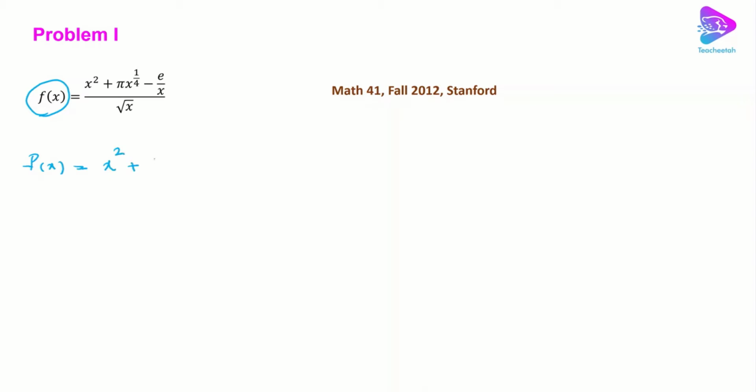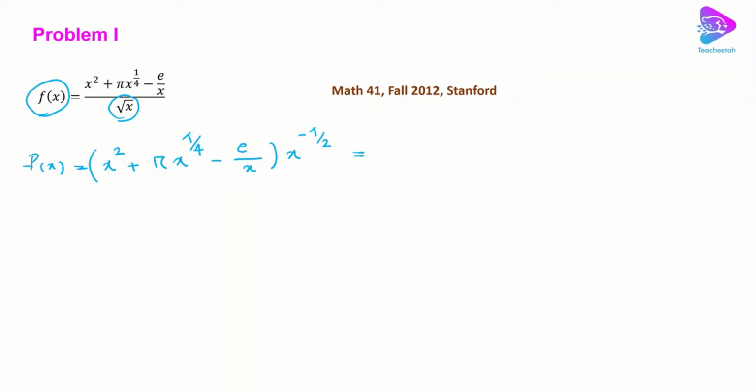x squared plus pi x to the 1 over 4 minus e over x, and then we bring this up and write x to the power of minus 1 over 2.